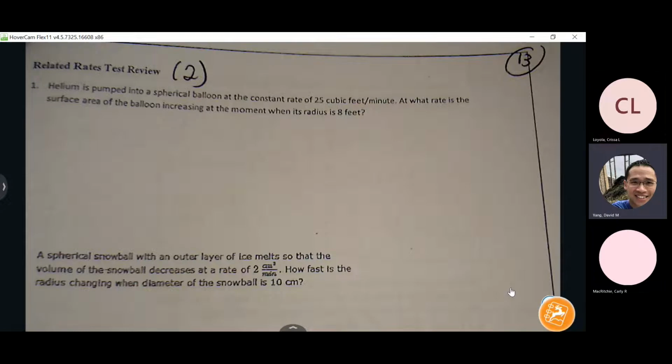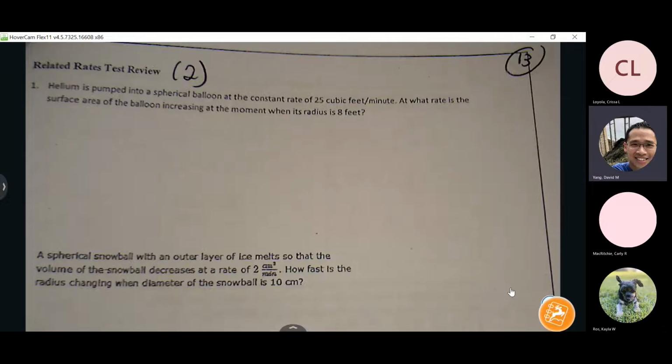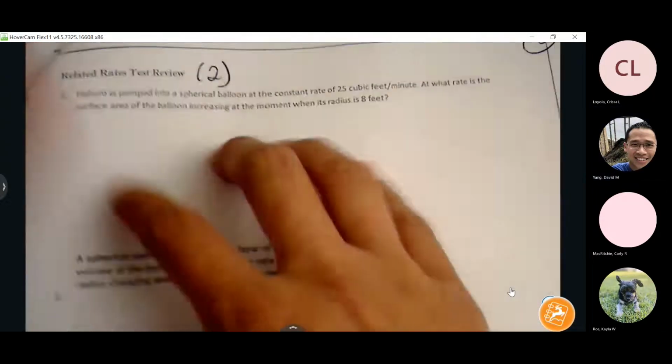The 25 cubic feet, dV/dt. I'll write the formulas down.